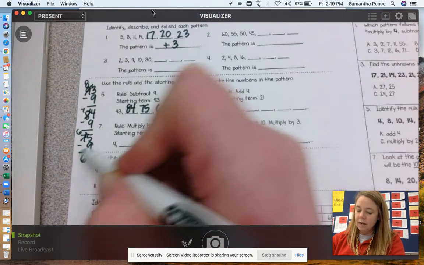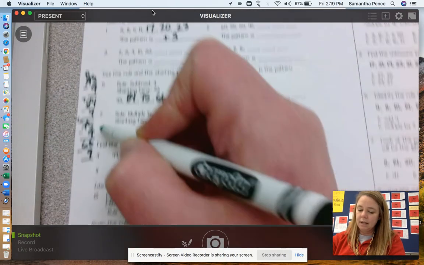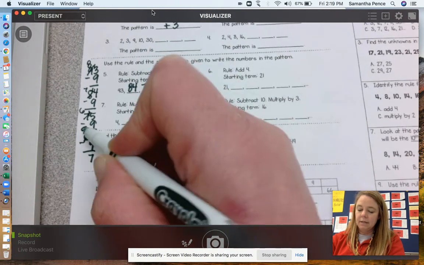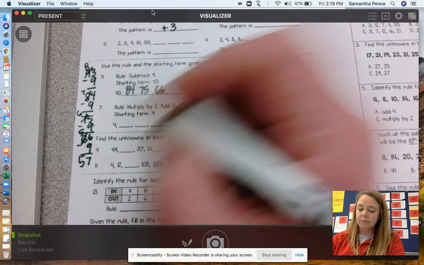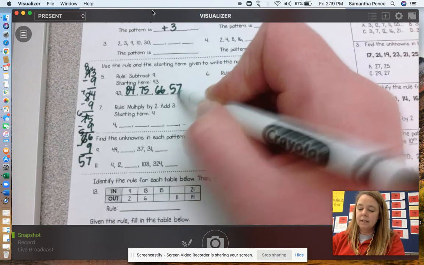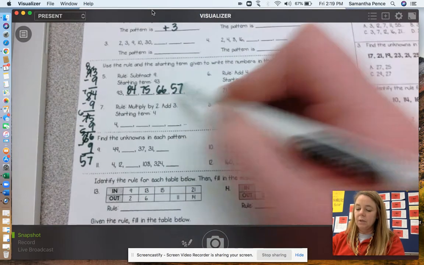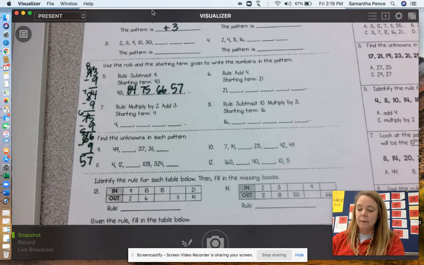One more number in our pattern. Subtract by 9. Regroup. 16 minus 9 is 7. 5 minus nothing is 5. 57. So those are the numbers that are going to be in that pattern.